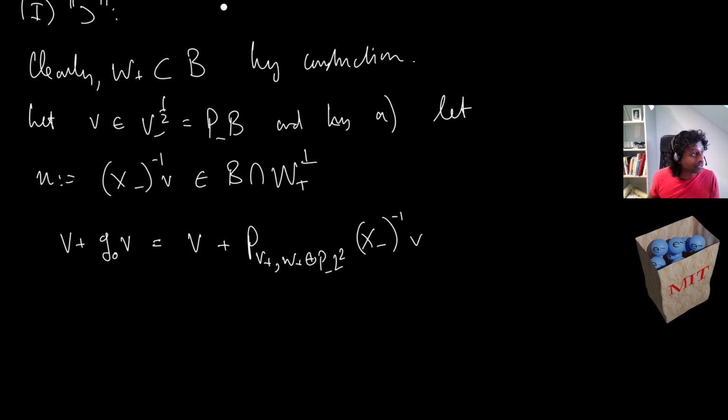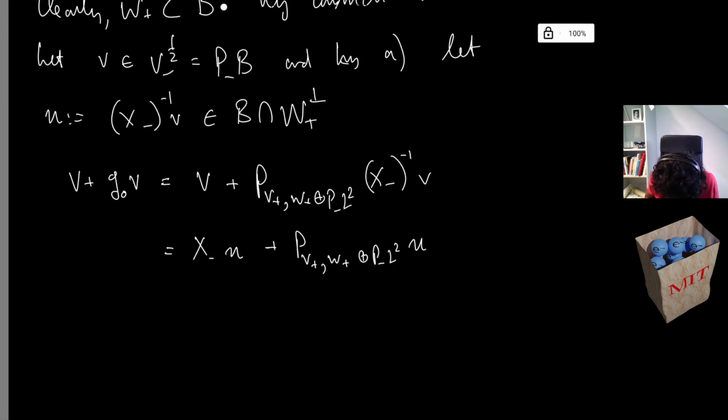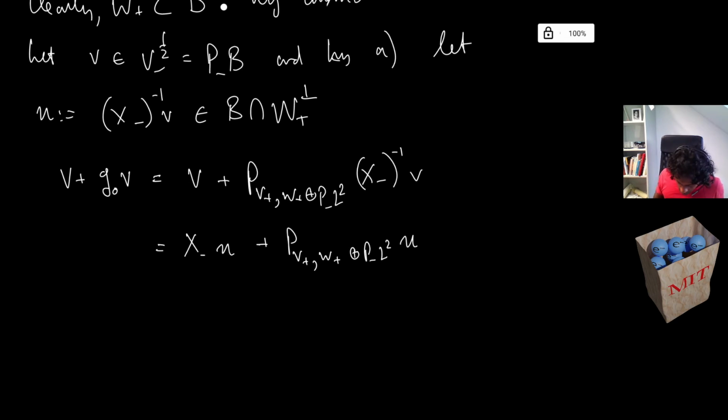So what is that? So that's exactly equal to X minus of U plus PV plus W plus P minus L2 of U. Okay, so that's what we have. So now the action of the X minus acting on U is exactly as the map P minus, right? So that was by definition.